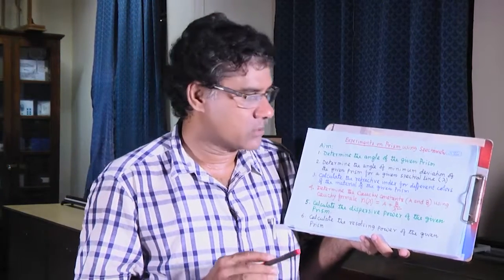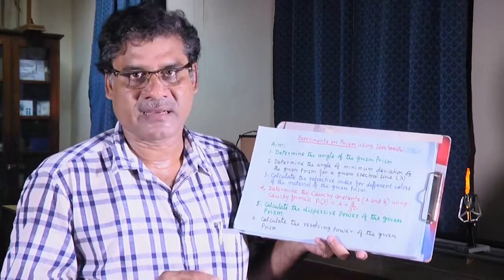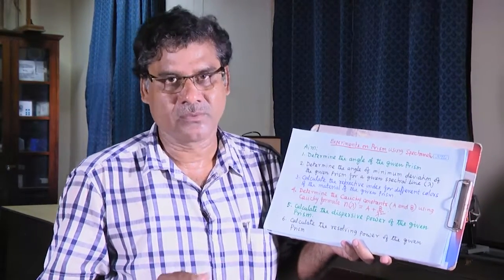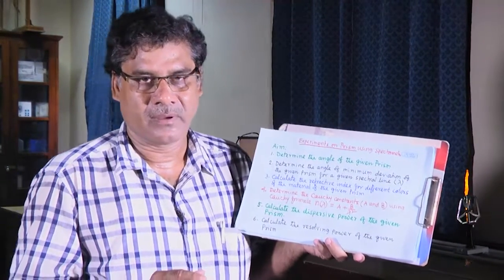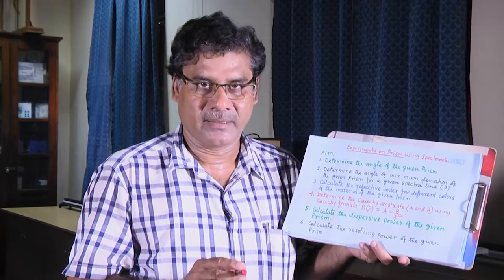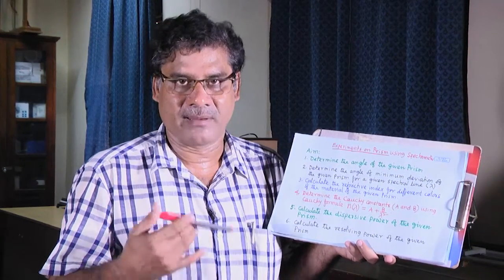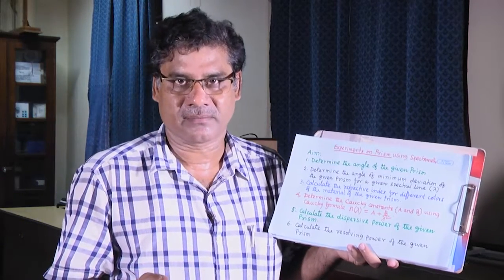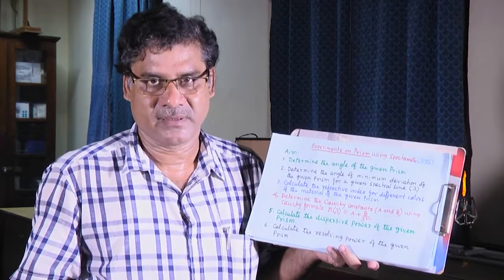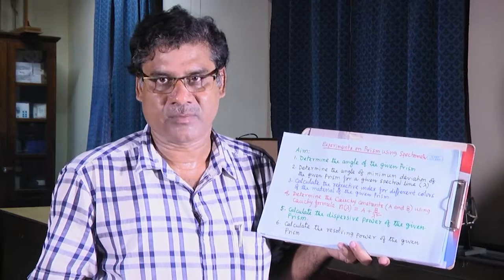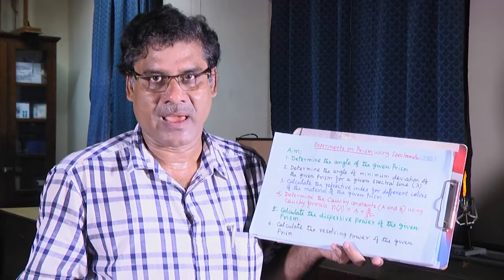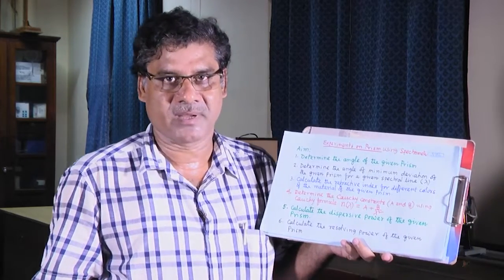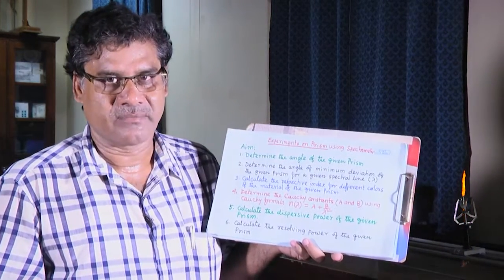So, all sorts of adjustment, leveling, that we have shown. Now, today I will assume that the spectrometer is leveled and it is focused for parallel rays. Now, today we will do experiment using prism.